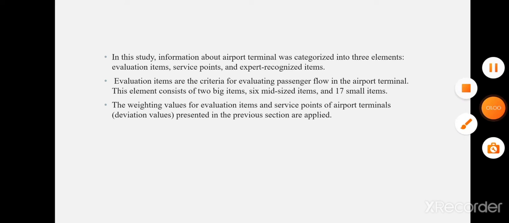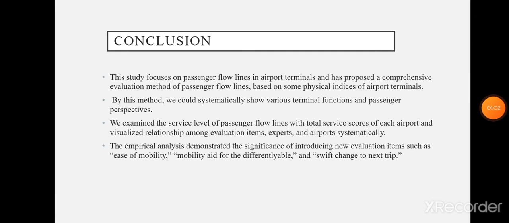Next, conclusion. As a conclusion, this study focuses on passenger flow lines in airport terminals, and as proposed, a comprehensive evaluation method of passenger flow lines is based on some physical indices of airport terminals. By this method, we could systematically show various terminal functions and passenger perspectives.